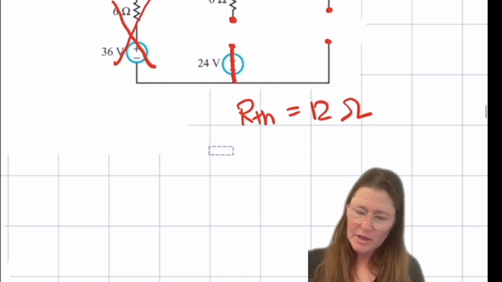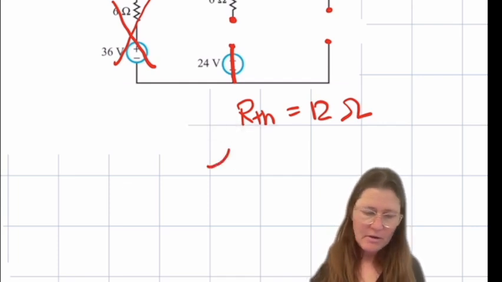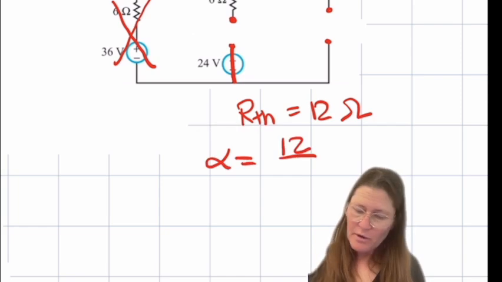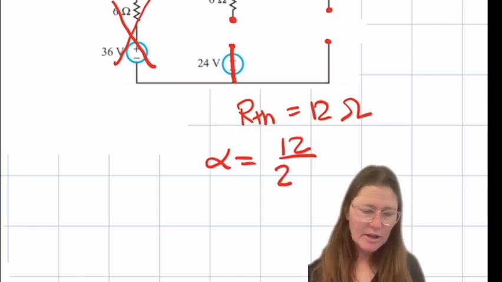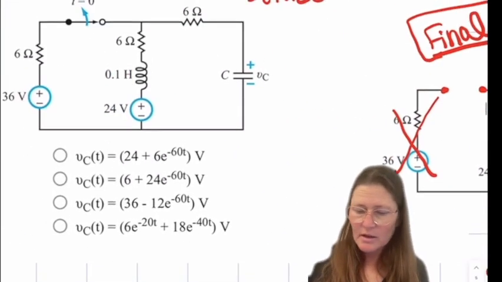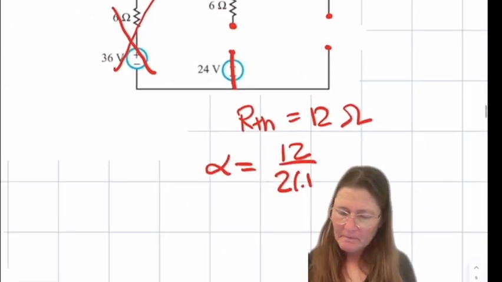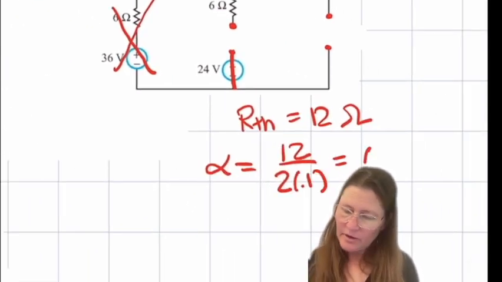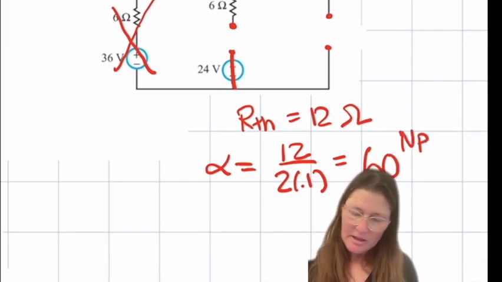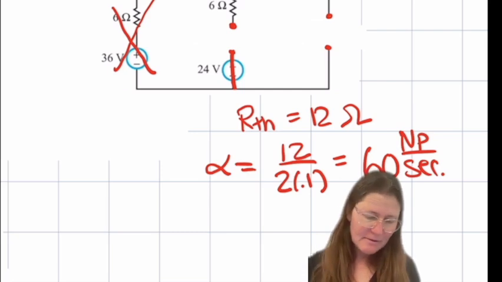And so this would be an alpha of 12 over 2, and then L was 0.1 Henry. So this would be 60 Nepers per second.